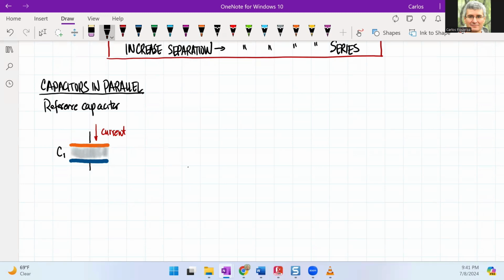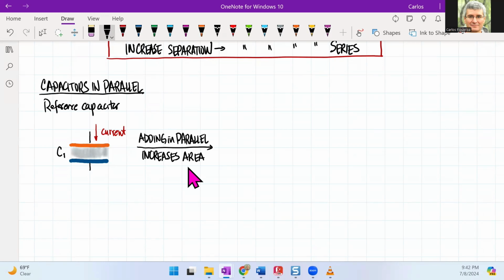So now, if I add things in parallel, adding in parallel effectively increases area.